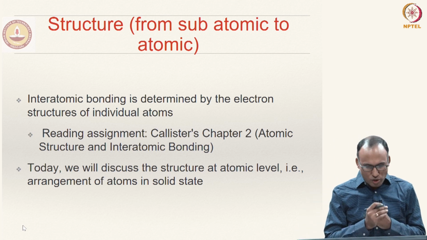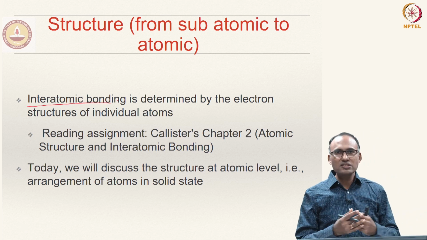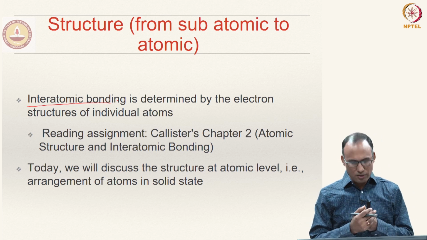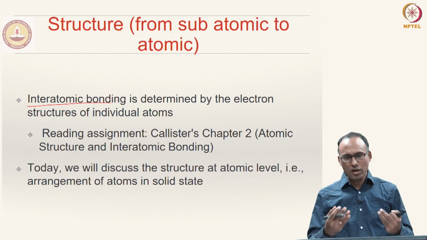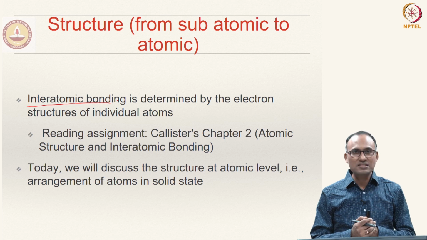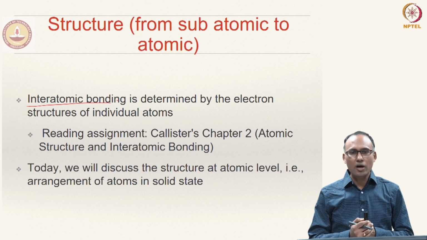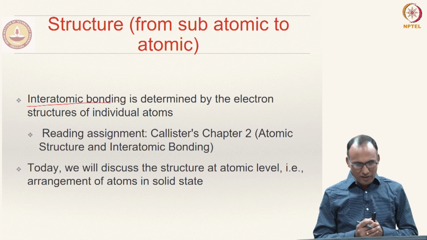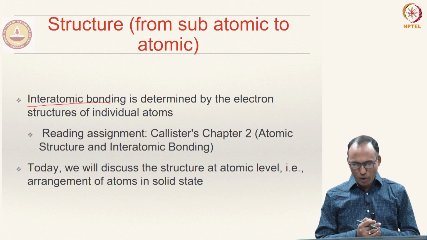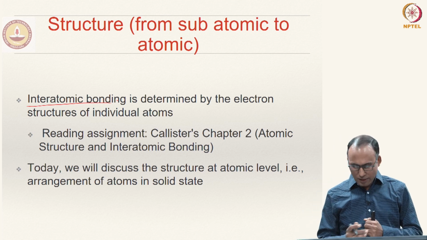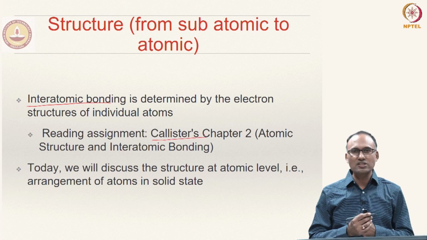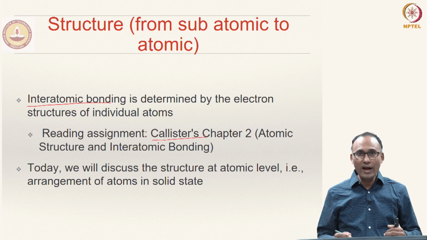The module on interatomic bonding will not be discussed in this class because this topic has been dealt with in detail, probably in +2 or earlier. We expect that you should be able to revise the concepts of interatomic bonding on your own. The relevant textbook is Callister's Materials Science and Engineering, chapter 2, which talks about atomic structure and interatomic bonding.